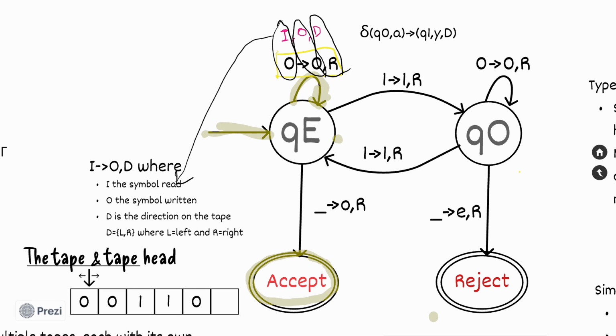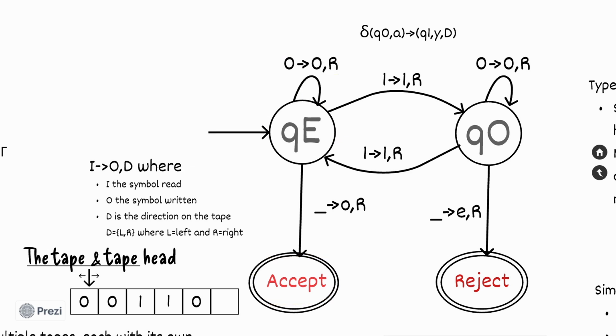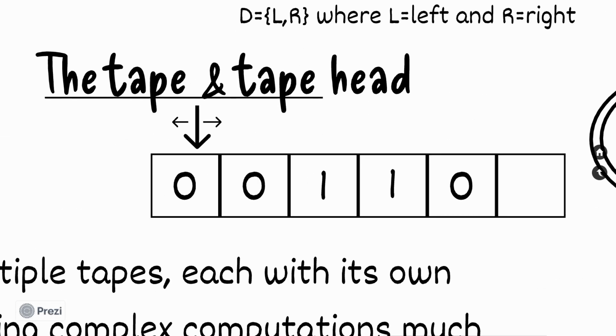Let's talk about the tape and the tape head. The tape is used to feed the Turing machine with the input. I like to imagine it as a mechanical device like the read head of a hard drive. The tape is divided into cells. Each cell contains an input symbol, and the tape head can either move to the right or to the left.